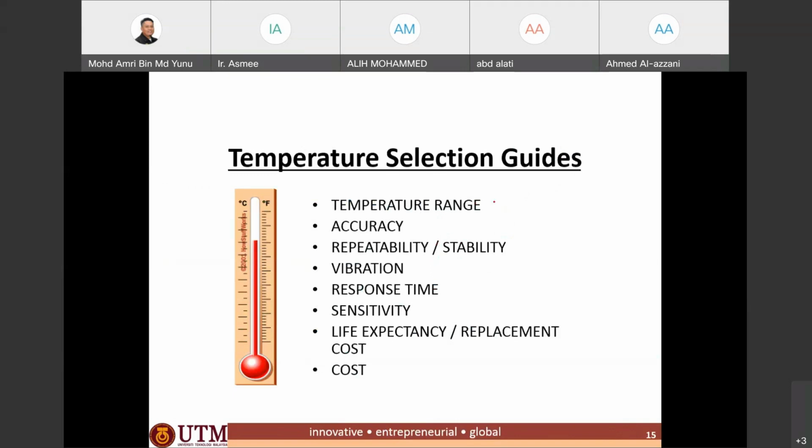For example, here the range of the temperature that we want to measure, the accuracy, stability, response time, sensitivity, lifetime, of course, we have discussed that. But vibration, of course, is important. You need to check whether the thermal device has some effect on the vibration, like a paper mill, for instance, just before.